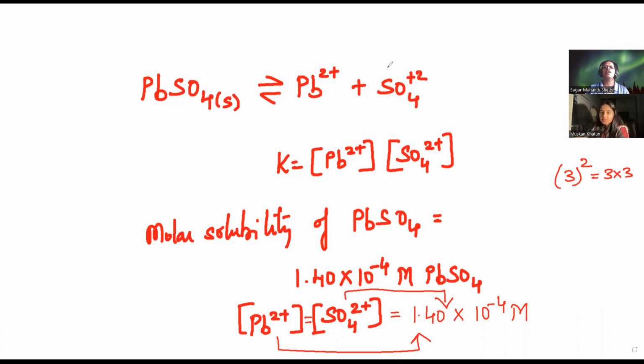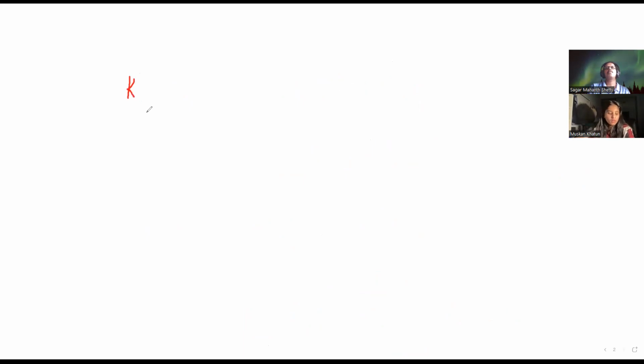Now, when I say the solubility product here, I'm using the word product. So the solubility product of both lead and sulfate is going to be Pb2+ times sulfate. Do both of them have the same values? Yes. So how can I write these two now?